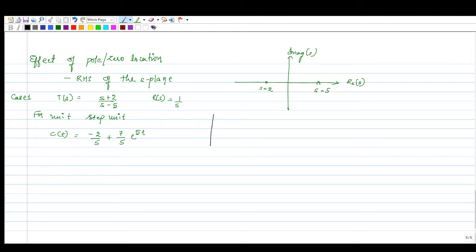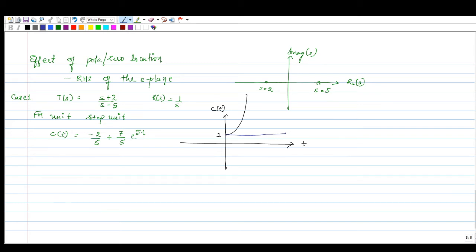When you plot the characteristics of this function, this is t and this is c of t, and the input for this one is u of t.